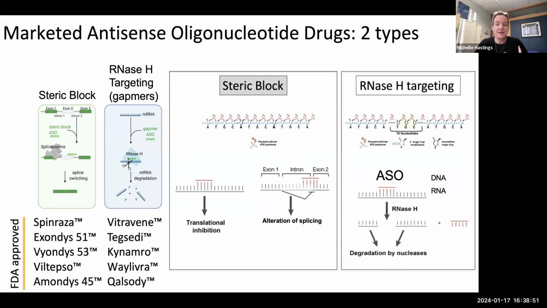And this makes them a little less stable, and so they're not as long-lasting as steric blocking. And that DNA-like backbone also gives them oftentimes some features in terms of the reaction in vivo that is different than the steric blocking oligos.